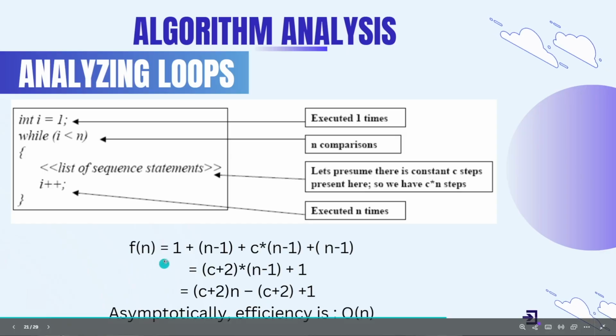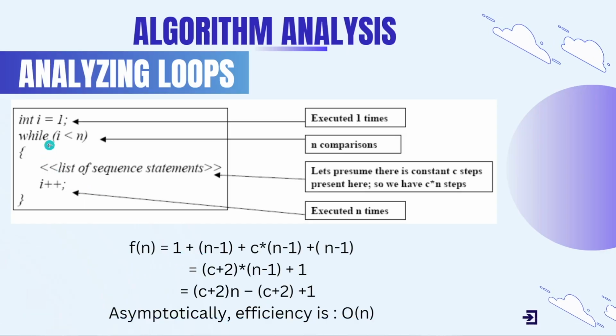Here we have another loop, a while loop that runs for n number of times. Here we have to measure the complexity in terms of step size. We have one statement above the while loop which executes one time, so f of n is equal to 1 plus, and we have the while statement that iterates n times, so it is n minus 1. Then we have some statements within the while loop that get executed n minus 1 times.